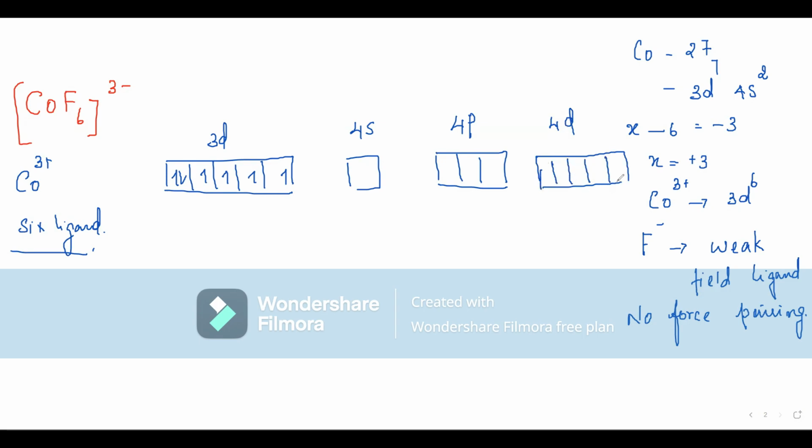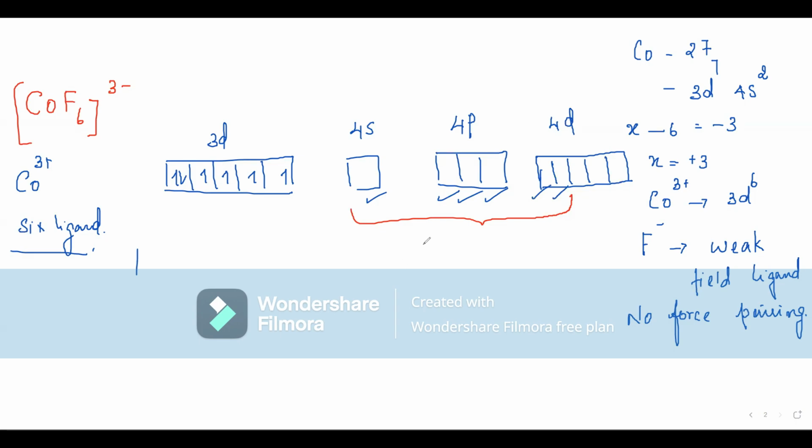I don't require all of them, but I may need 1 or 2 of the 4d. Let's see how many I need. There are 6 fluorides. 1, 2, 3, 4, 5, 6. I need 6 of these. These are the orbitals that undergo hybridization.